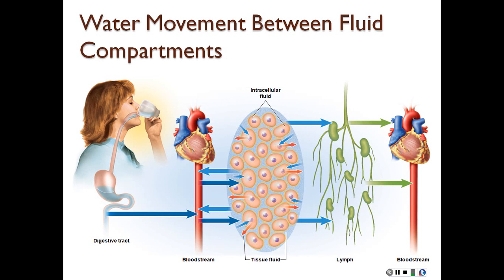No. All it does is pick up water from the interstitial tissues, and then it sends that water to the bloodstream. Those are the compartments that water moves between. I want you all to get that mental picture. When water moves, it's moving in one of these directions.